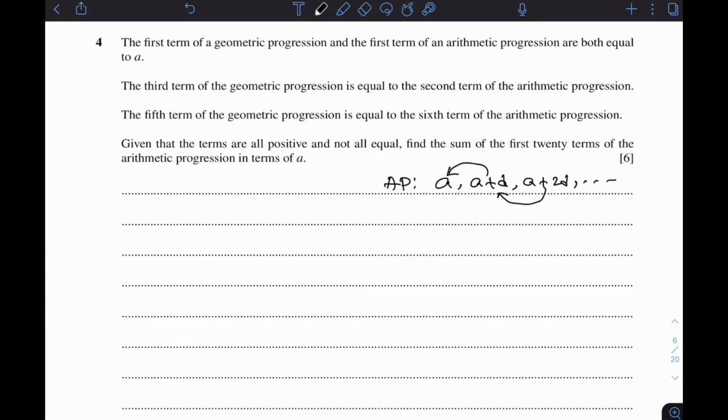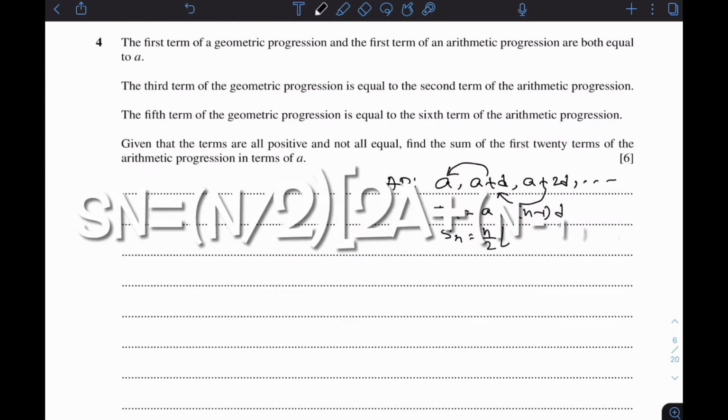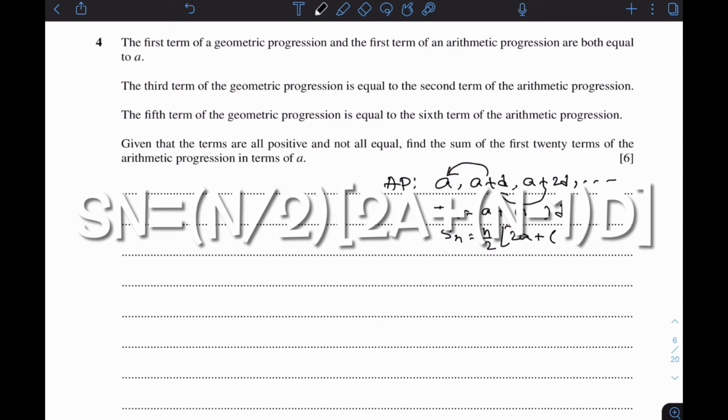If the common difference is the same, the series is called AP. And the nth term, we know, is a plus (n minus 1) into D. And for the sum of n terms, we can use that formula. There are also some different types of formula we can use.